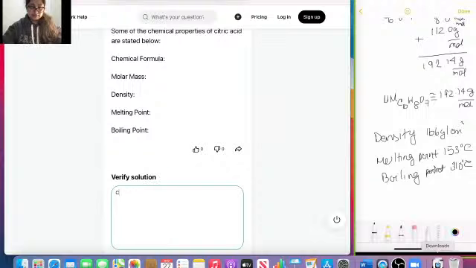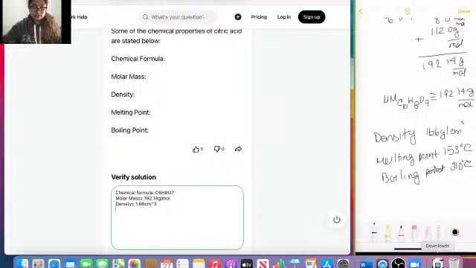The chemical formula is C6H8O7, and the molar mass equals 192.14 grams per mole, and the density equals 1.66 grams per centimeter cubed.